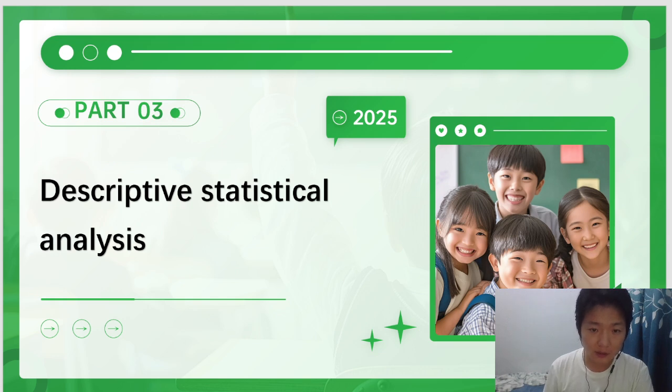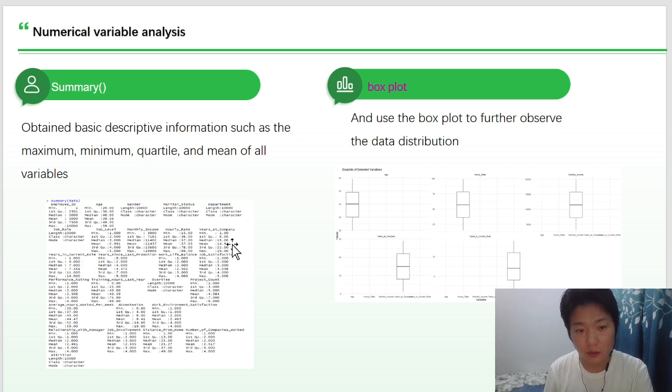For descriptive statistical analysis, we use the summary to get the min, mean, quartiles, and max. We can know all of the variables. Then we use the box plot to further observe the data distribution, and we can see some outliers in the variables, but they are not noise data.